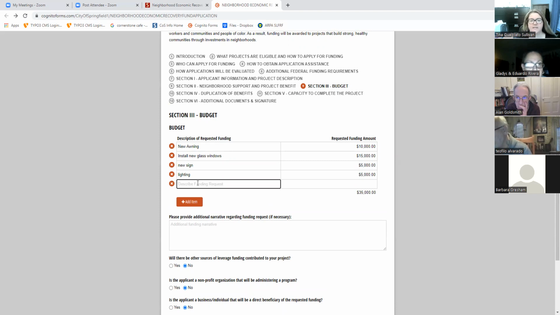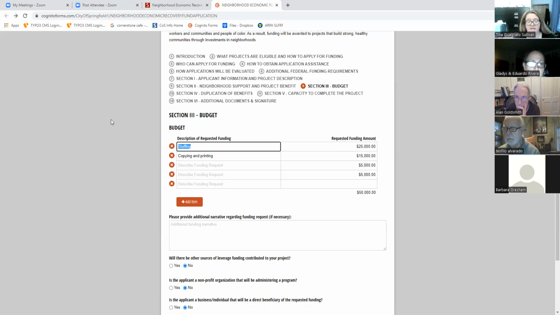So maybe instead of a business, you're a nonprofit and you're going to run a program. So you want to include your staffing for the program, right? And maybe you also have copying and printing, those sorts of expenses. There's a bunch of different expenses, but you should be line-iteming your budget.